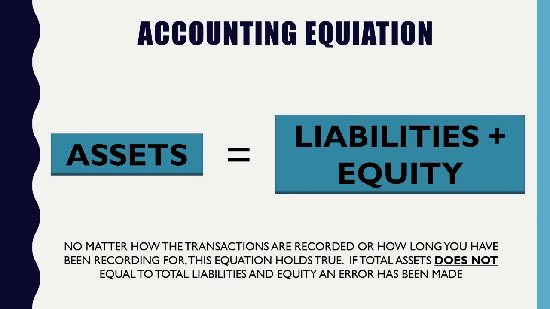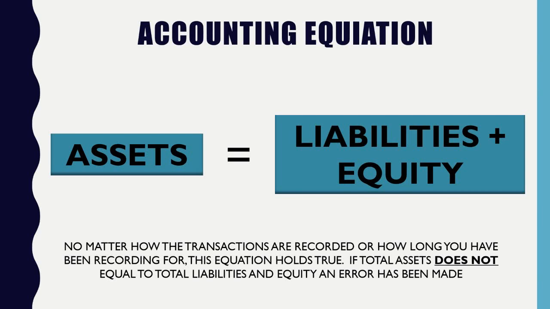Then again, like I mentioned in chapter 2, the importance of the accounting equation. The accounting equation is assets equals liabilities plus equity. This equation must hold true at any given point in your business.